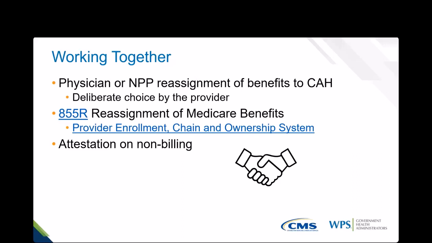They would simply bill those services directly to us. But both of those organizations, both the physician or non-physician practitioner and the CAH itself, need to be aware that Dr. Smith has reassigned their benefits, but Dr. Jones has not. So the CAH is going to bill for the services provided by Dr. Smith, and Dr. Smith is not going to bill for those separately, whereas Dr. Jones, because he has not reassigned benefits, will bill for those separately, and the CAH will not bill for that.